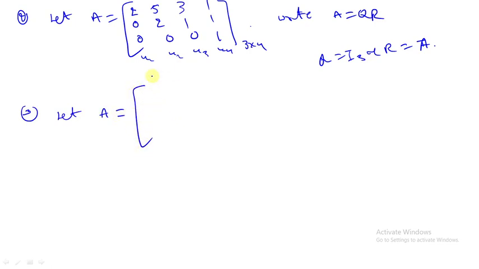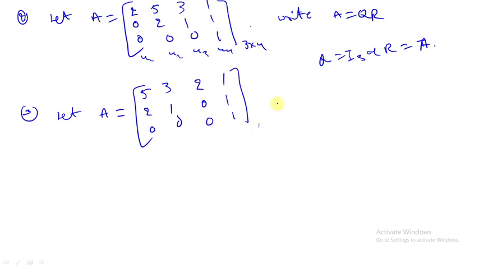Already you know that when you interchange the vectors, you get different orthonormal vectors. Suppose you write 5 2 0 with the second column first and the third column second, 0 0, and the third column 1 1 1. Let's see what happens. Now find out which one is the dependent vector.